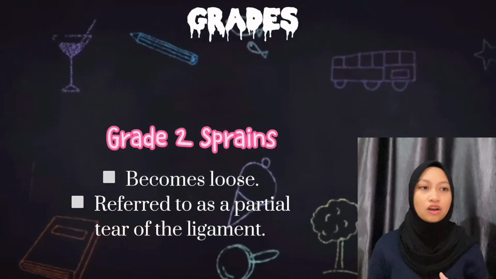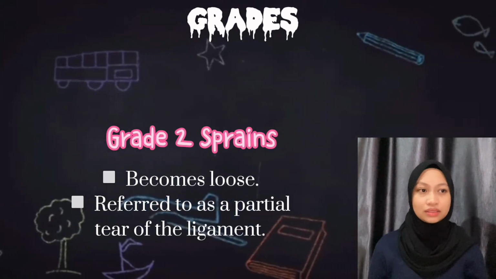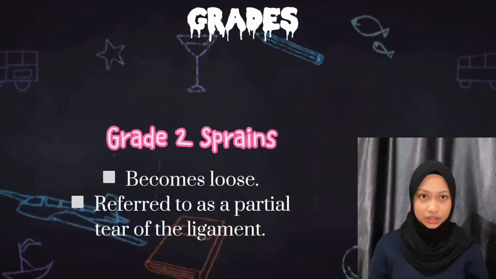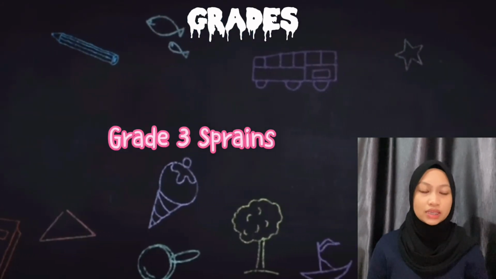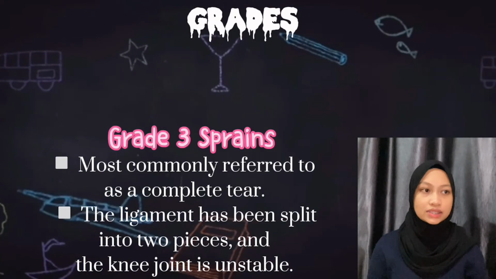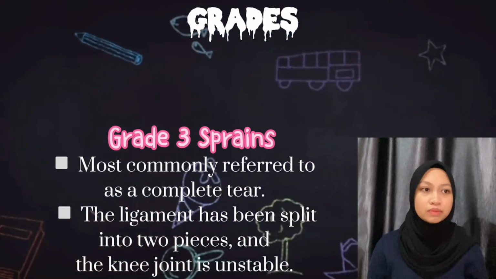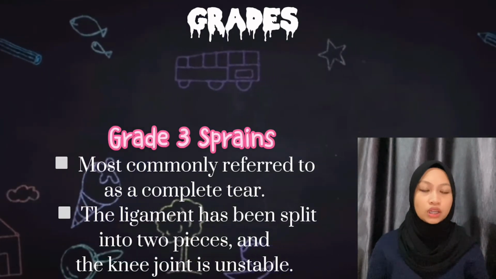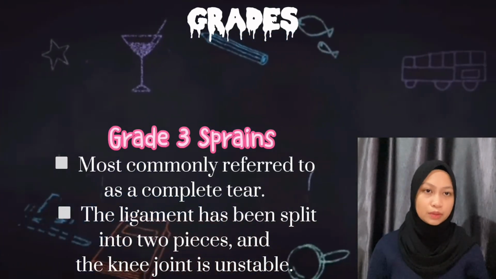This is often referred to as a partial tear of the ligament. For the grade 3 sprain, this type of sprain is most commonly referred to as a complete tear of the ligament. The ligament has been split into 2 pieces and the knee joint is unstable.